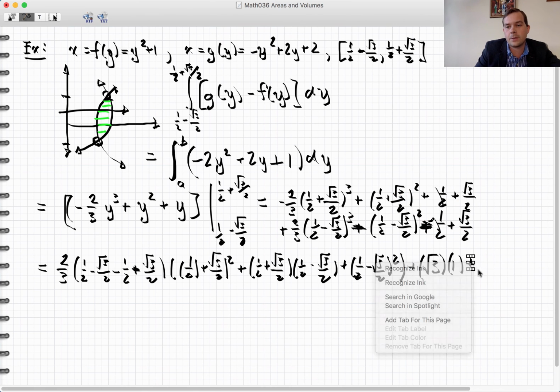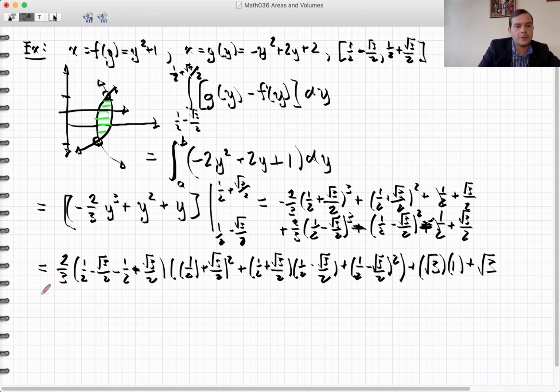And then I have plus square root 3. So this tells me that I'm getting 2 plus square root 3 terms. So let me simplify down over with this cubic term. These will cancel out, and I get a negative net square root 3.